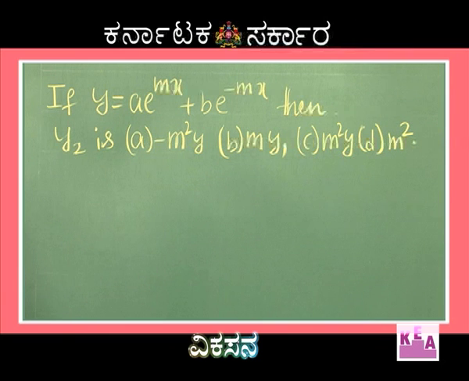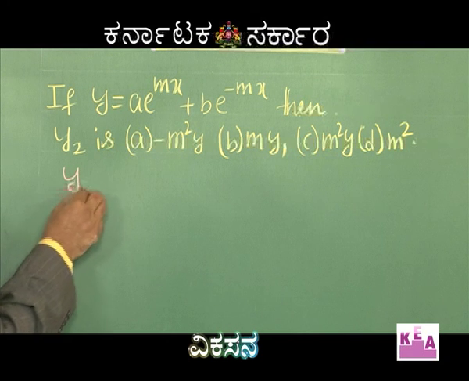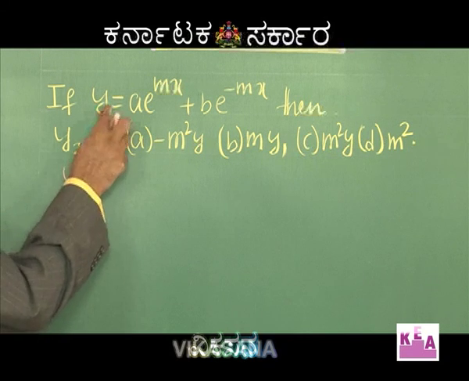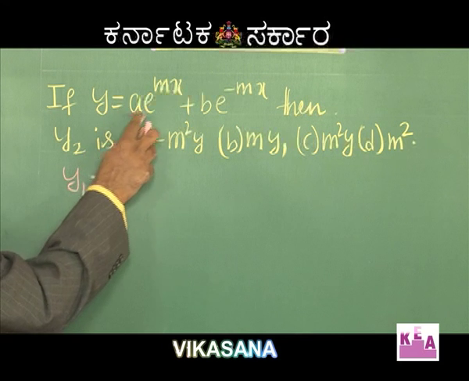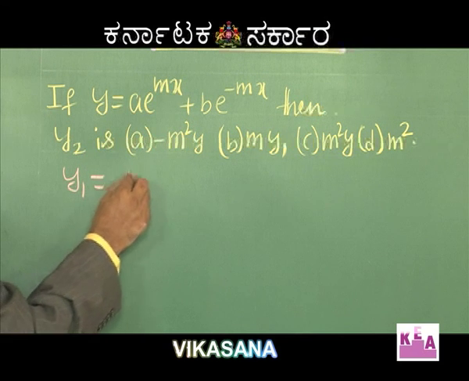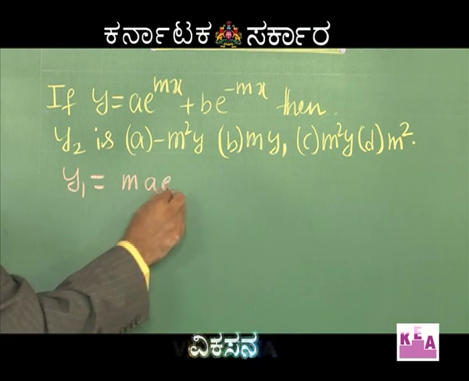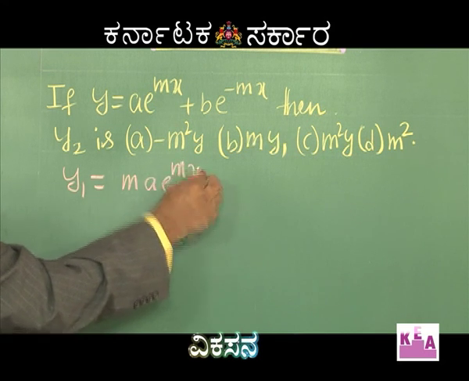y is equal to A e power mx plus B e power minus mx. Then y2 is, we have 4 options that we will see later. What is y1, dear students? y1 is given by differentiation of y. A e power mx differentiation is m A e power mx. Is that correct?